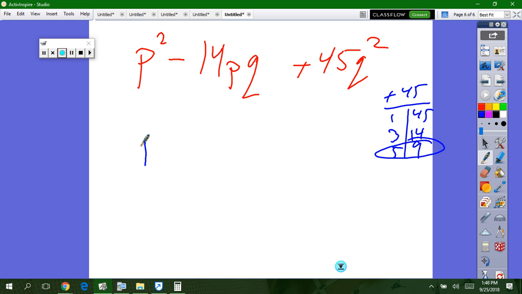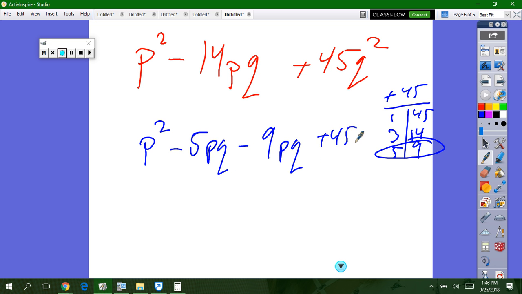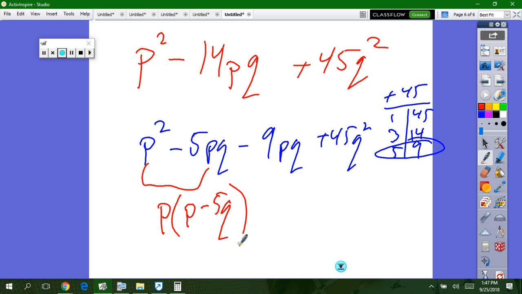So I have p squared minus 5pq minus 9pq plus 45q squared. Okay. You sure? Okay. What do these guys have in common, ladies and gentlemen? A p. Left over is p minus 5q.